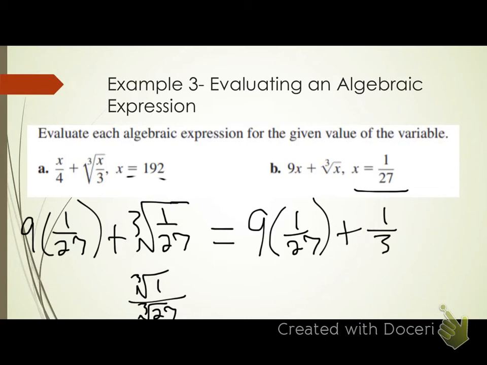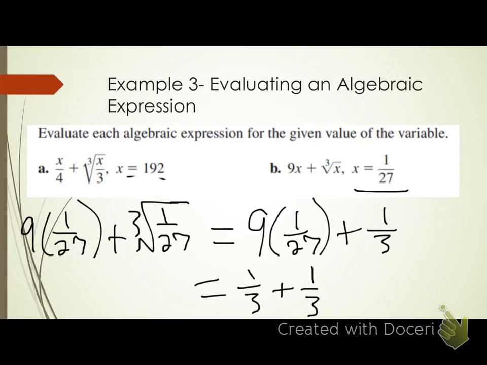So the cube root of 1 over 27 is 1/3. So I've done my cube root. Now I can continue with the rest of my order of operations. So I'm going to do my multiplication first. 9 times 1 over 27 gives me 1/3.